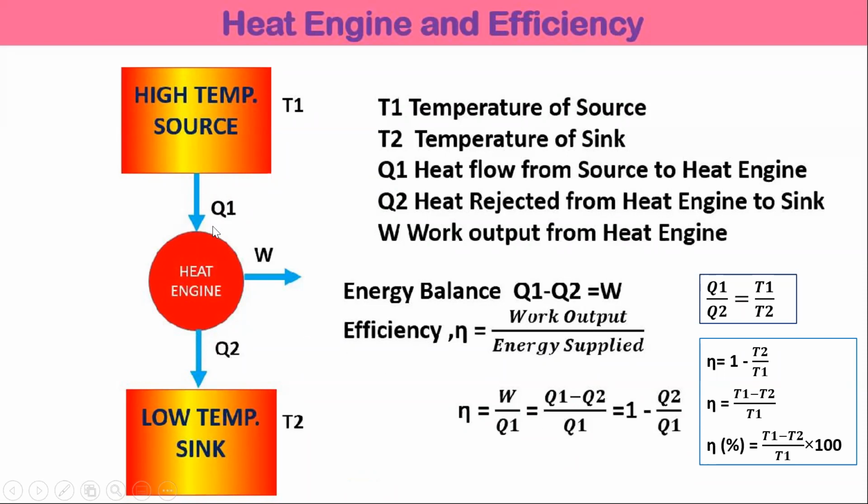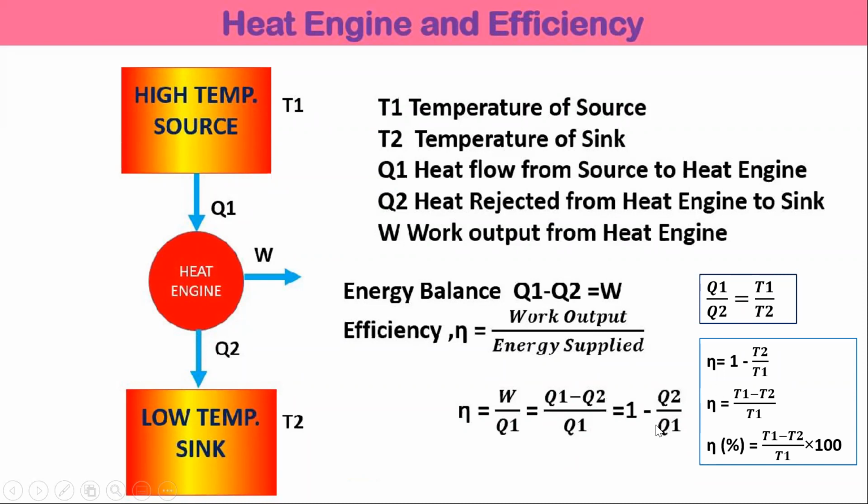And the amount of energy absorbed from the hot source is proportional to the temperature of the hot source. So we can write it as Q1 is proportional to T1 and Q2 is proportional to T2. So Q1 by Q2 is equal to T1 by T2.